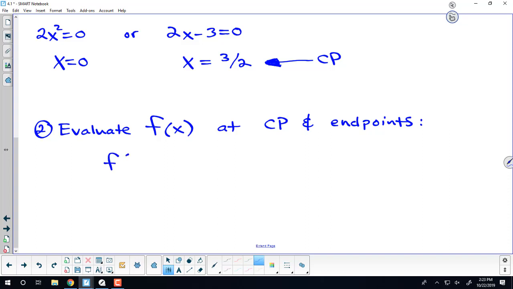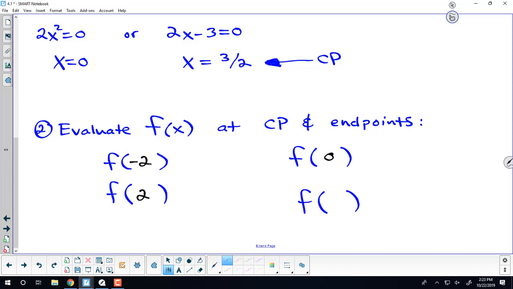So we're going to evaluate f at our endpoints and at our critical points. We actually need the value for all of these because we've got to look at the highest or the largest and the smallest of these.